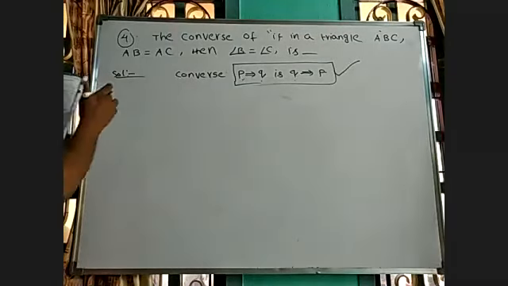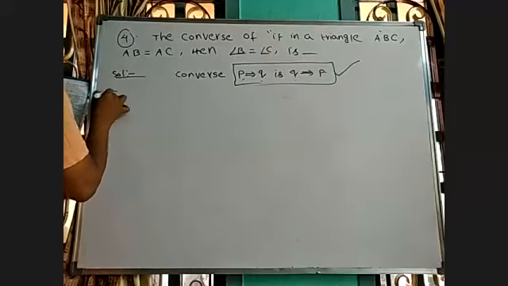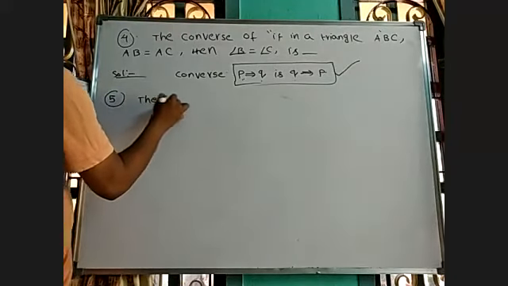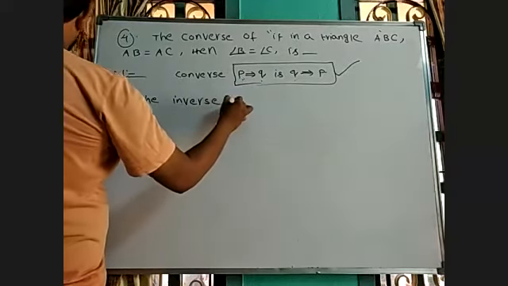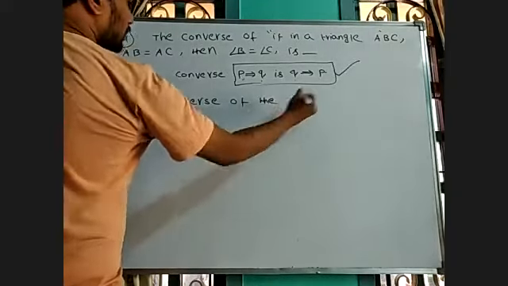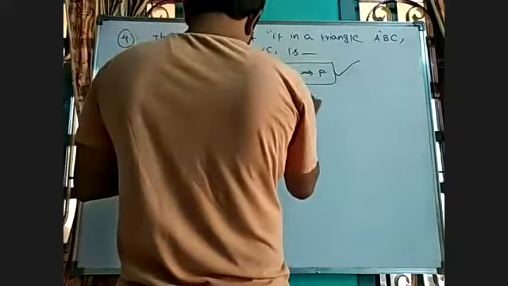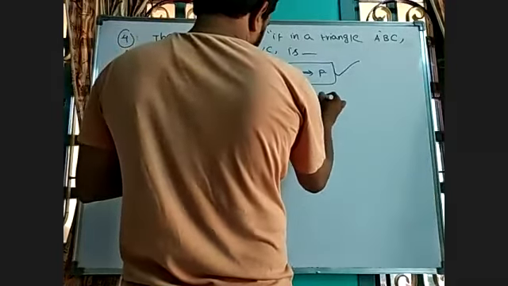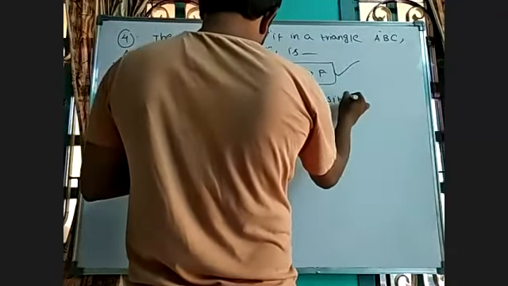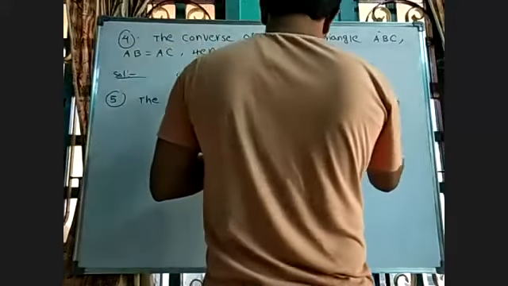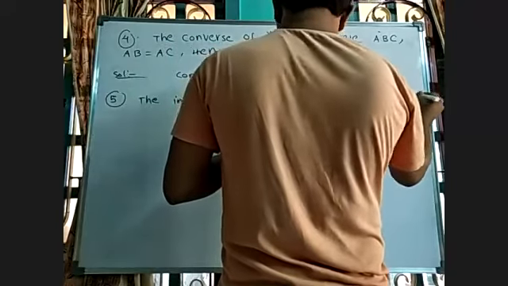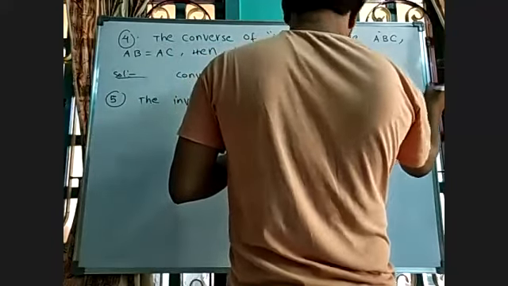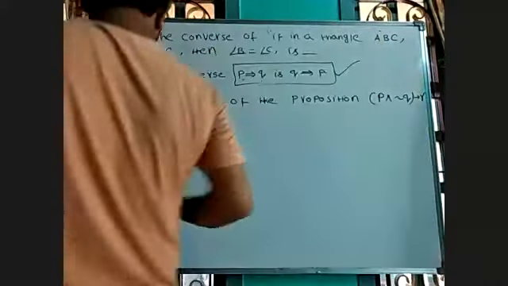Next, question number 5. See that the inverse of the proposition P and Q implies R is.